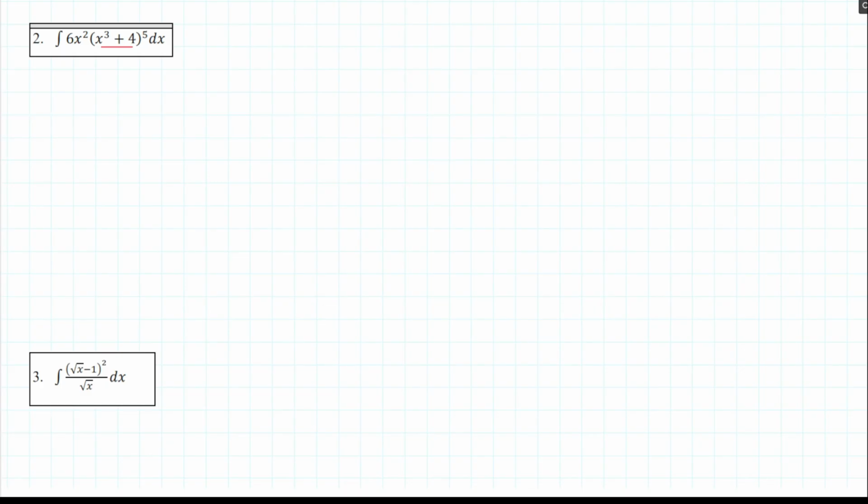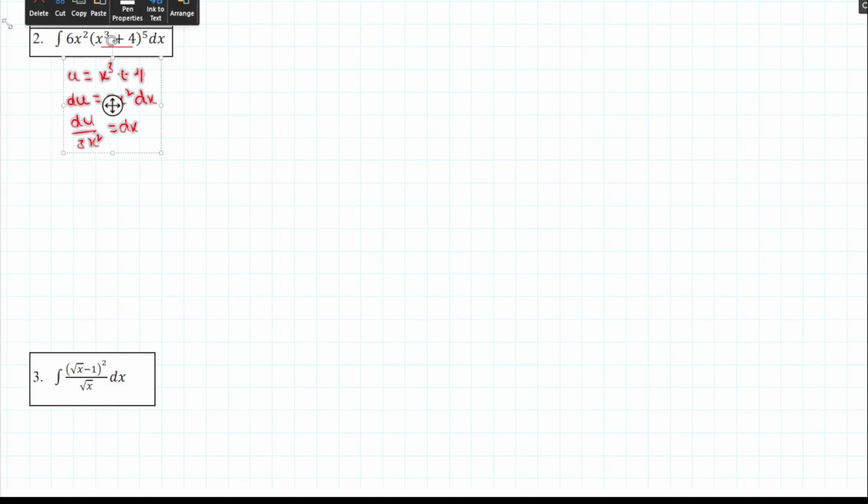So you can choose u equal to x cubed plus 4. Then du equals 3x squared dx, because the derivative of the constant is 0. Solving for dx, du over 3x squared equals dx. Let's set this aside.